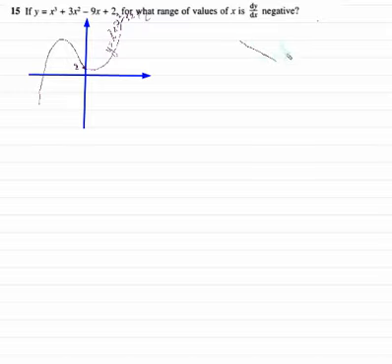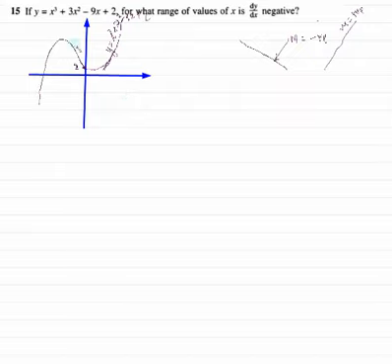If the tangent at that point slants this way, then the m, the gradient, becomes negative. If I draw a tangent at this point here, it's going to slant this way, so the m is positive.